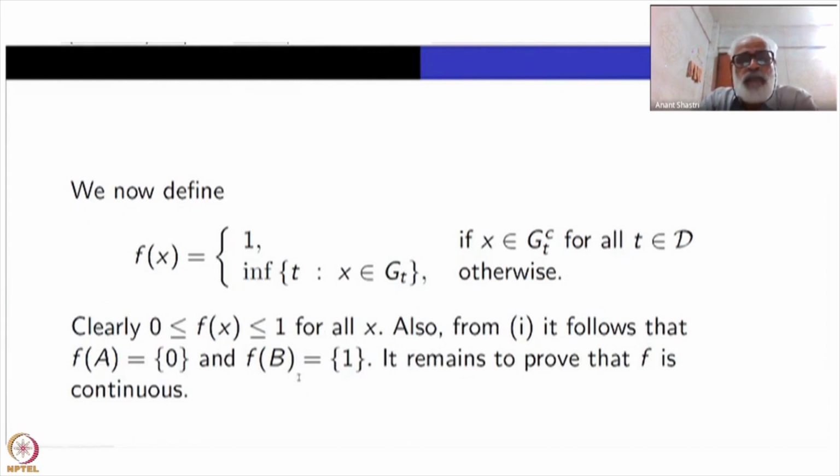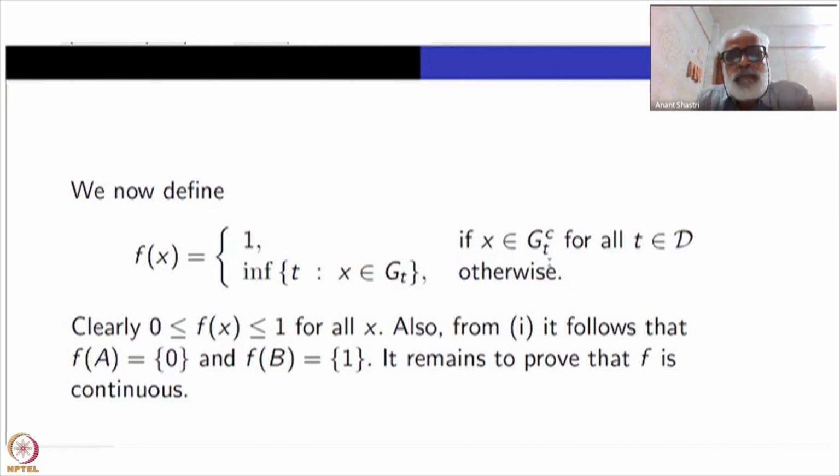And f of B is 1, because if x is not in any of them, then only it is 1. So if it's in B, it cannot be in any G_t. So it's in the complement of G_t for all of them. So the set theoretic property is already done very easily.